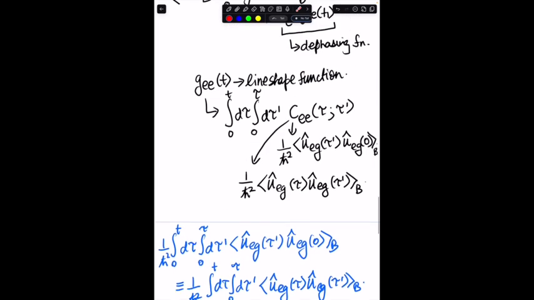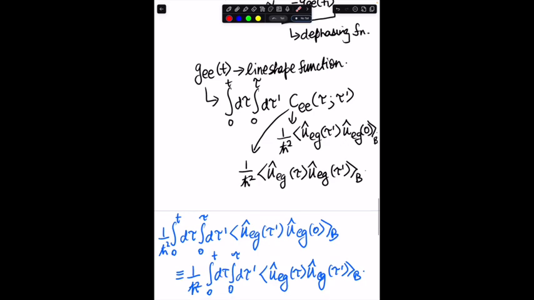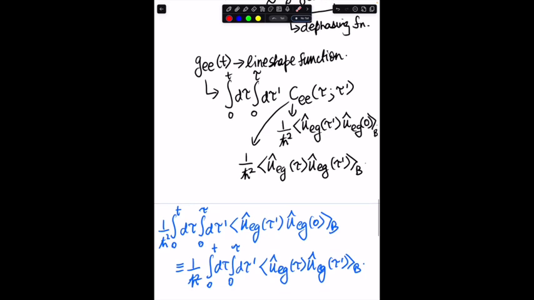So this is what we derived in the previous class, where your g_ee(t) correlates your fluctuation in transition energies or frequencies of the two level system at an interval or a duration of time t. So it could be time 0 and time t.